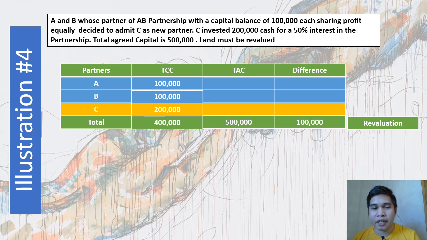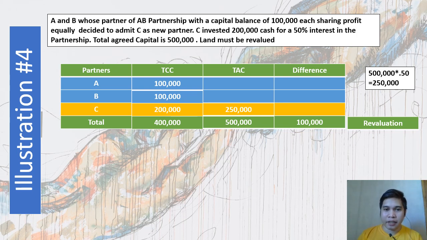So, next, check natin, meron po bang bonus? So, before we get the bonus, let's get first the capital credit for C or kaya naman yung agreed capital dun ng new partner. So, AC or NP, di ba? So, to get the capital credit of the new partner, 500,000 times 50%, since 50% will go to C. So, 500,000 times 50%, so dapat daw ang agreed capital ni C should be 250,000 pesos.